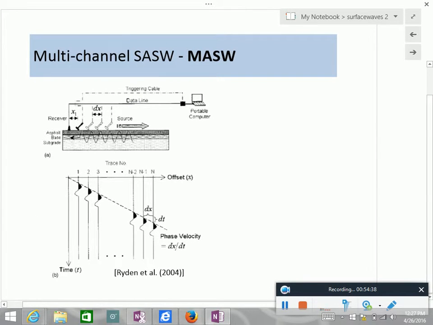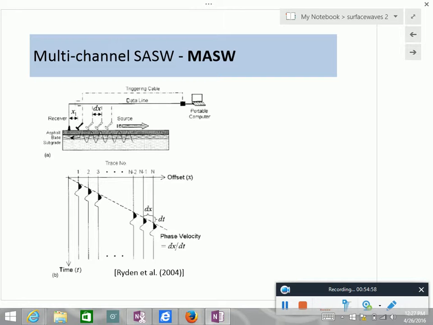If you do a two-dimensional FFT and you have all your traces, this paper is also uploaded, you can look at the details.